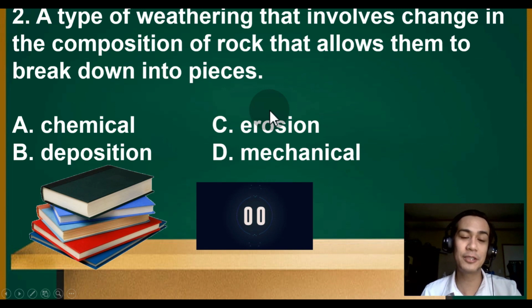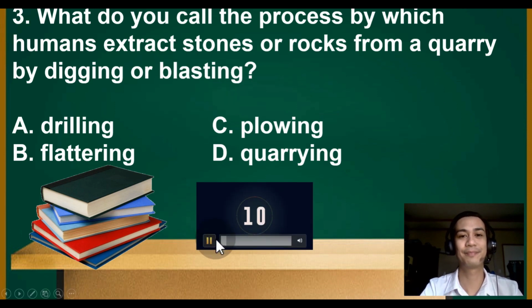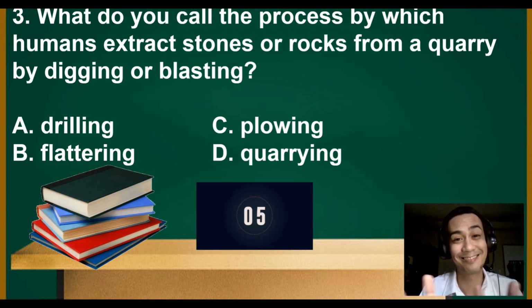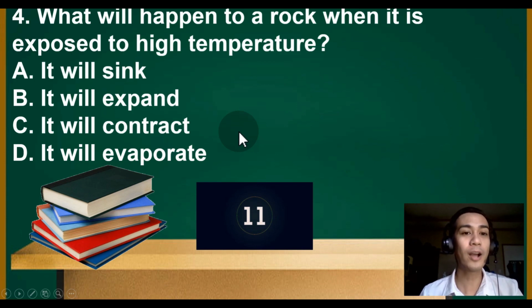All right, let's move to the next number. Number three. What do you call the process by which humans extract stones or rocks from a quarry by digging or blasting? All right, next, number four. What will happen to a rock when it is exposed to high temperature?